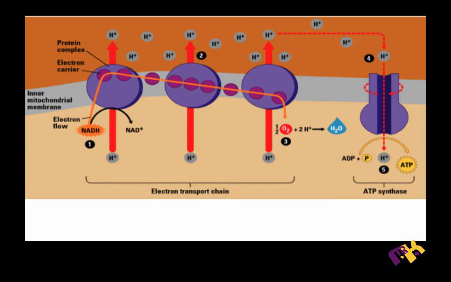This is just like what we saw with electron transport and the thylakoid, except it was flipped. Because we were loading them into the thylakoid so they would flow back out into the stroma. This is just the opposite of that. It's rather clever.